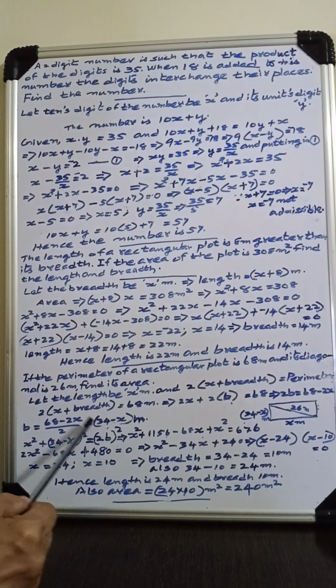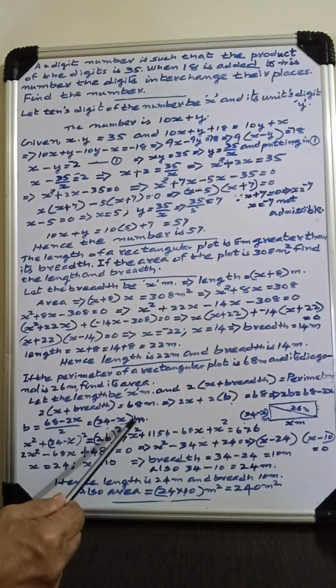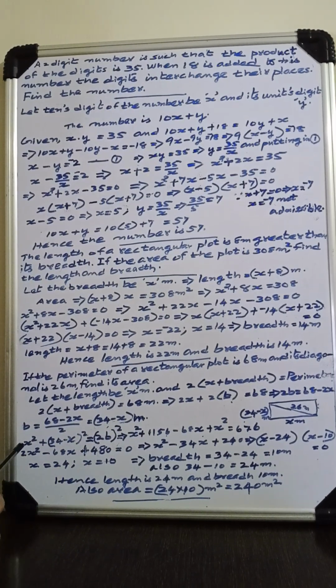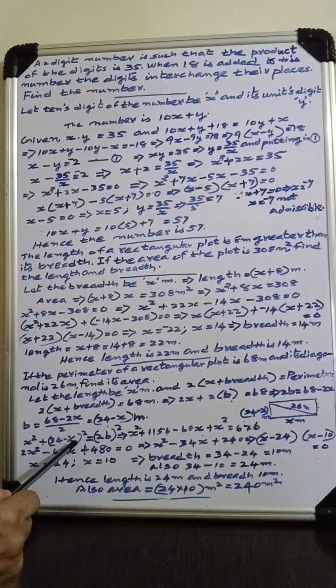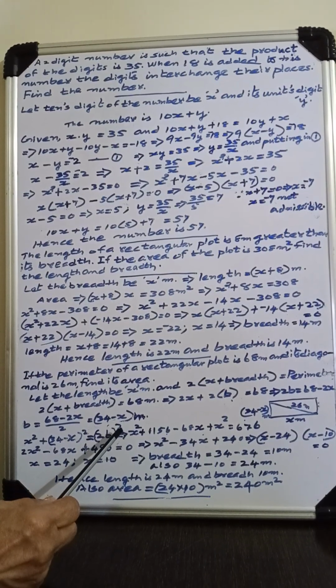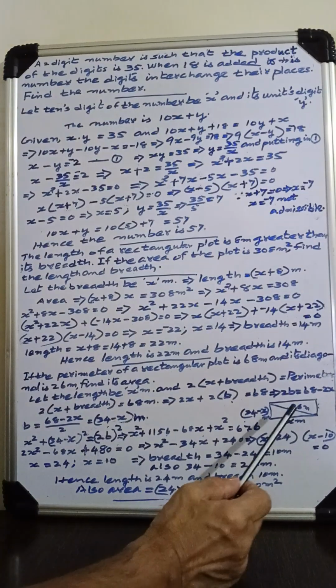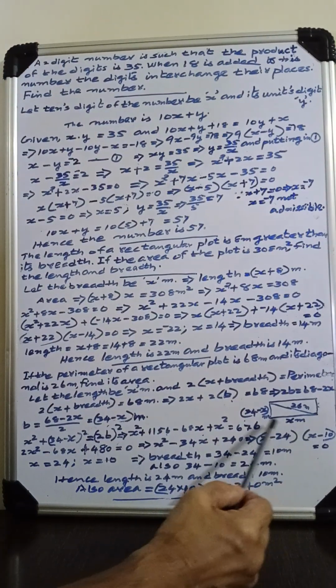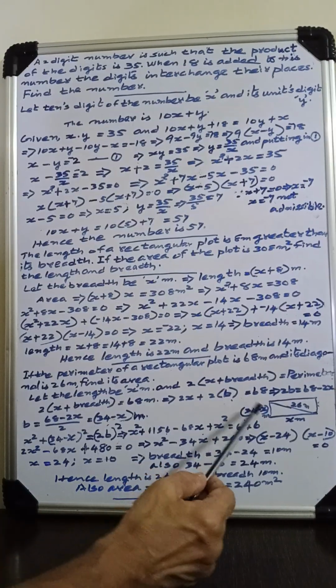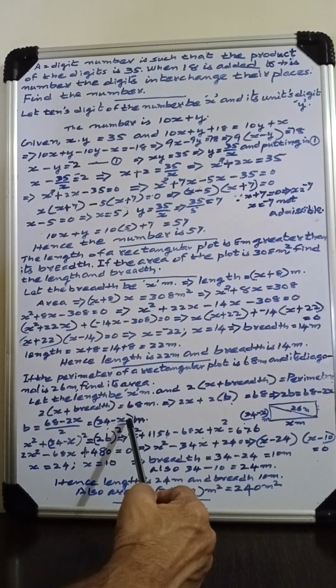In terms of x, breadth is also defined. Therefore, x squared plus 34 minus x the whole squared equals 26 squared. Why? Because the length is x meter, breadth is 34 minus x, we already defined here.